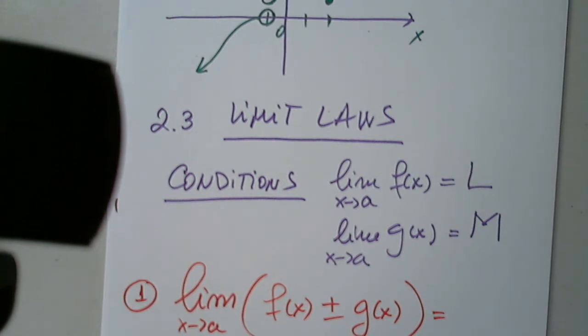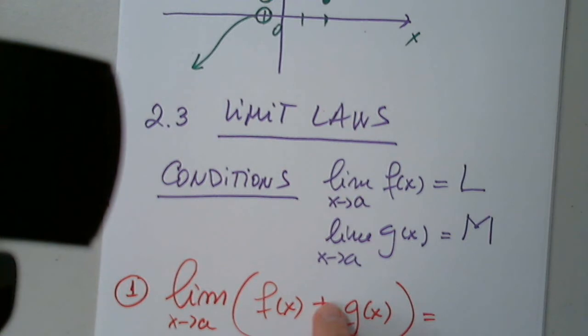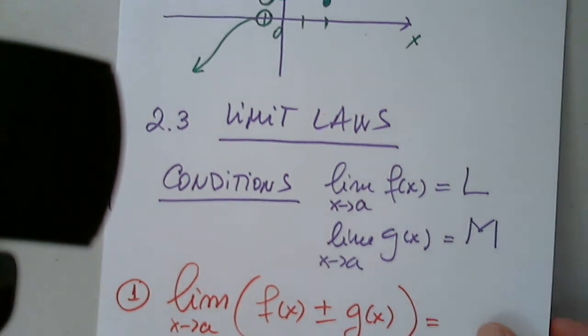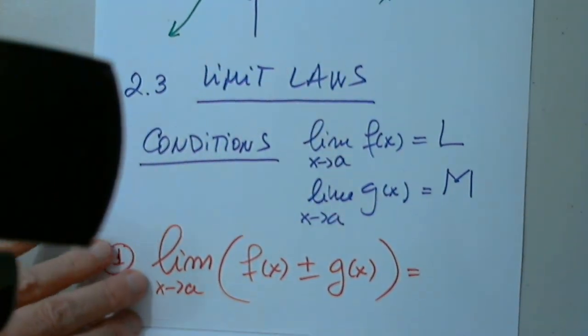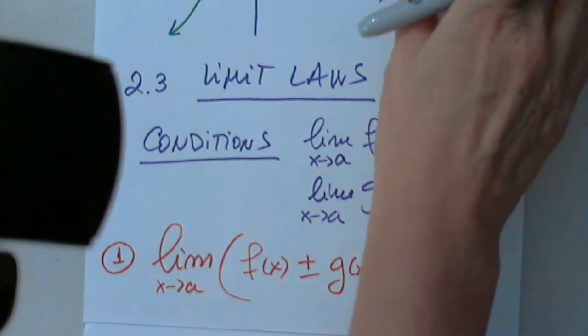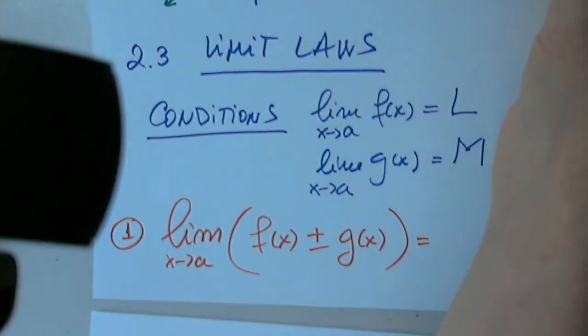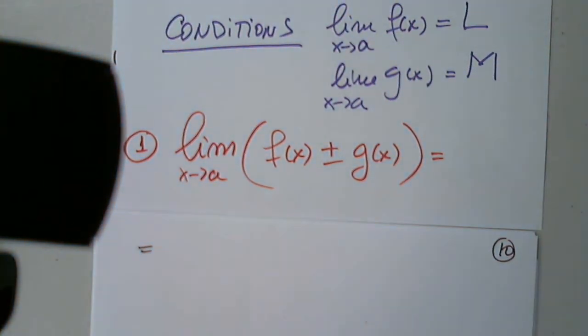Wild guess. So if I have the sum of these 2 functions and both limits exist, what will be the limit of the sum, or what will be the limit of the difference? Wild guess. What do you think? The sum or difference of their limits?